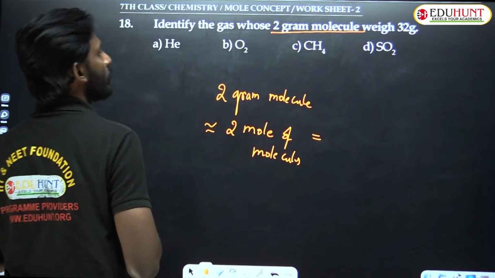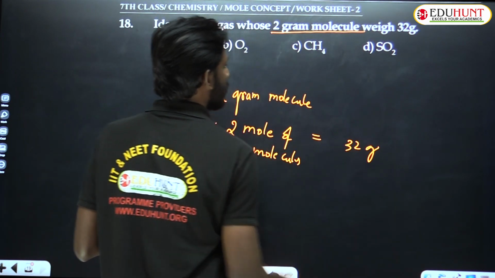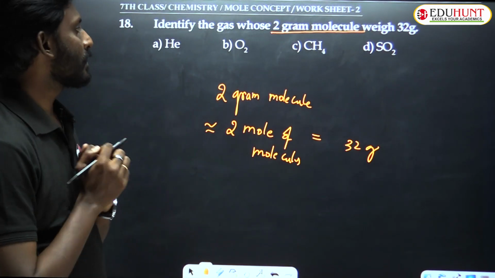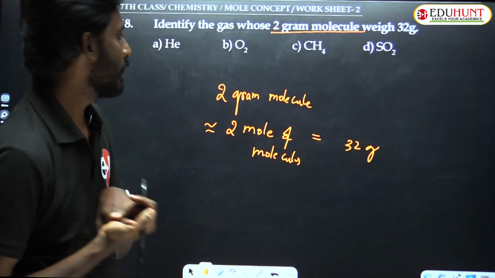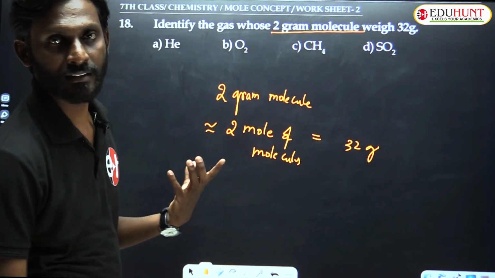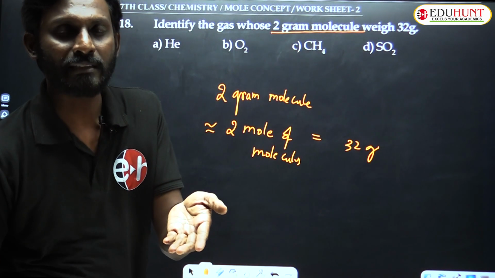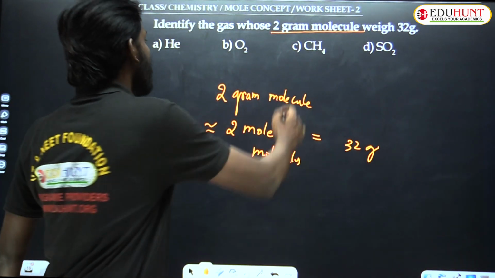The mass of 2 moles has to be 32 grams. See, if 2 moles has to be 32 grams, then 1 mole has to be 16 grams. Among these 4 options, which has its 1 mole mass as 16 grams? 1 mole mass is nothing but molar mass.